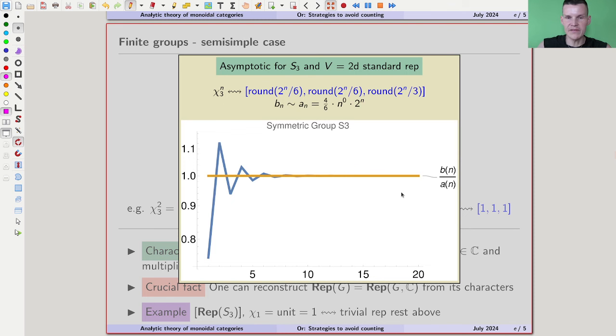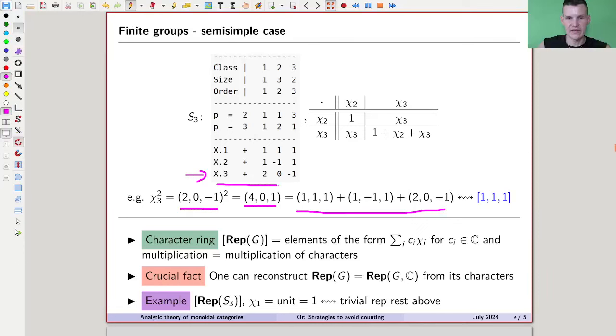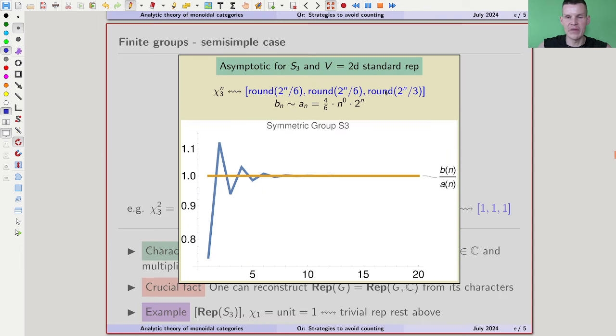And if you do this for the standard representation, which is this guy here, in case you don't remember, this one is the dimension. So the 3 representations are of dimension 1, 1, 2. So I take the 2-dimensional one, I do it, and you can actually write down what the sequence is here, the sequence of 1, 1, 1s.